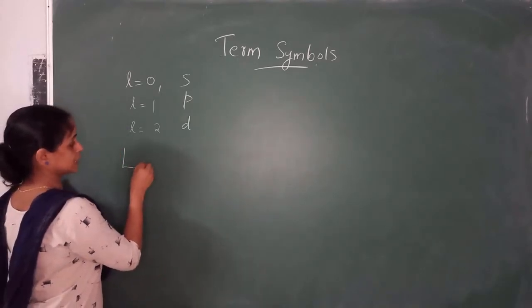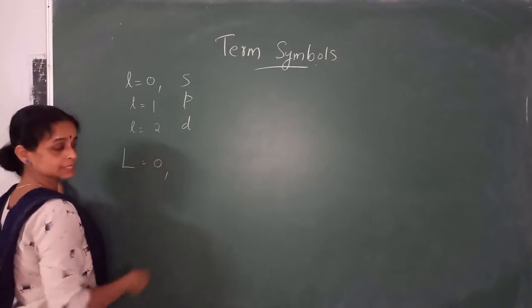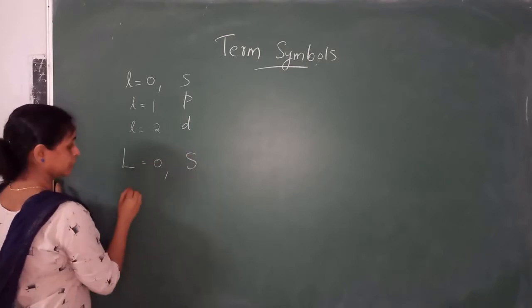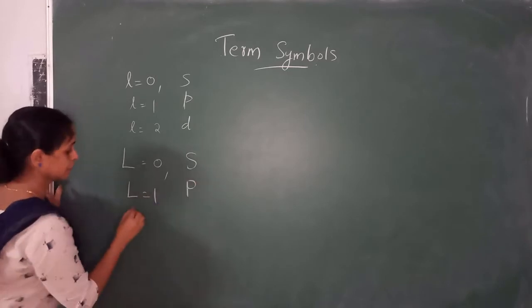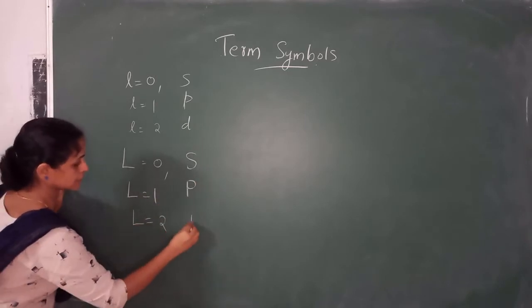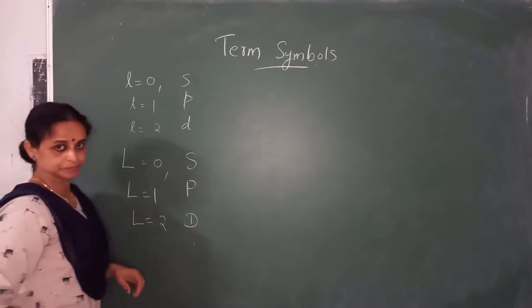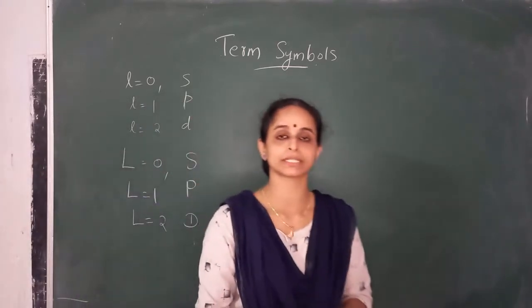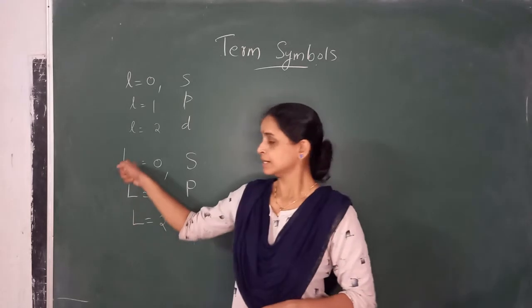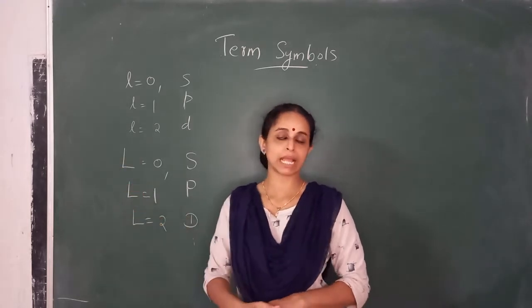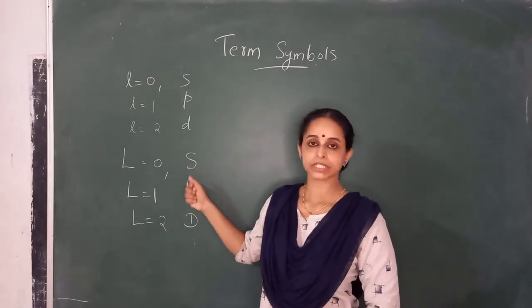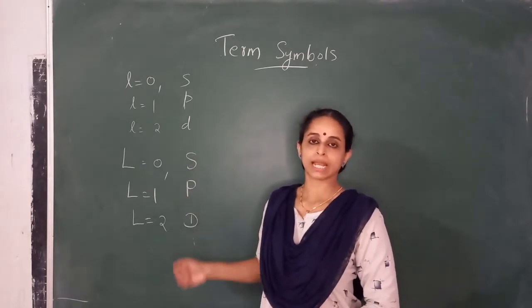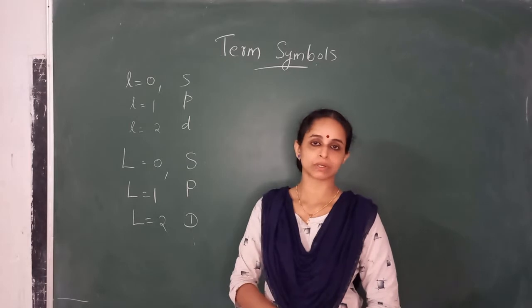When L equals 0, we represent the state as capital S. When L equals 1, we represent it by capital P. When L equals 2, capital D, etc. S, P, D, F in capital letters are assigned to the resultant or total orbital angular momentum of an entire electronic state.